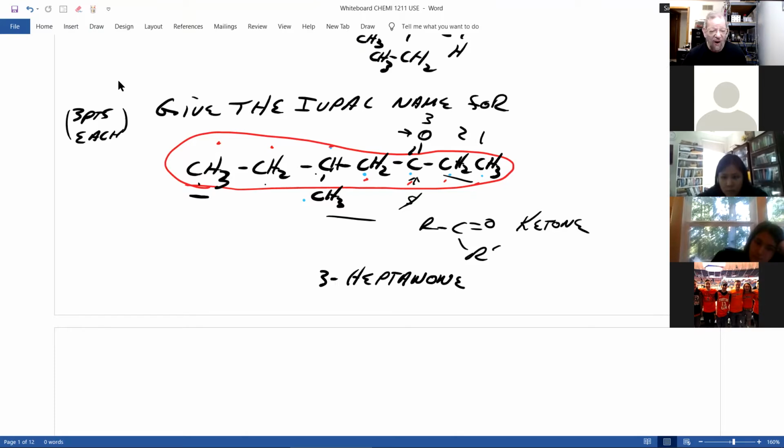And then, oh, look, it's your good friend, the methyl group on carbon 5. So it's 5-methyl-3-heptanone. Any questions on that?